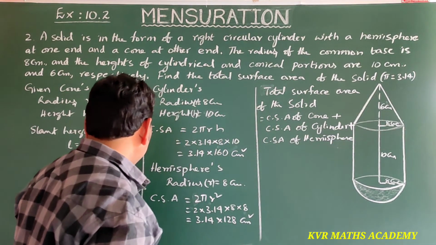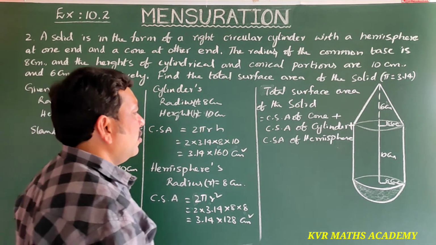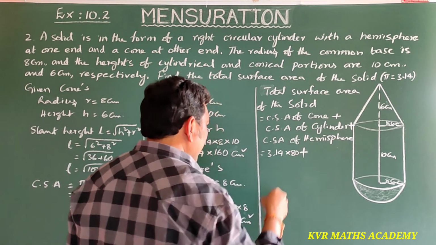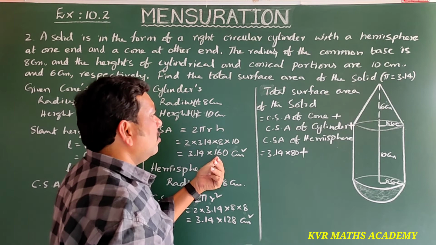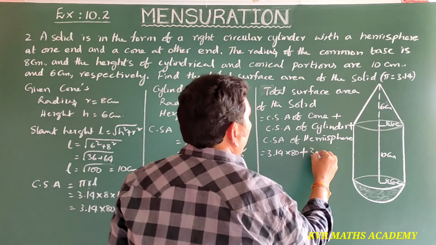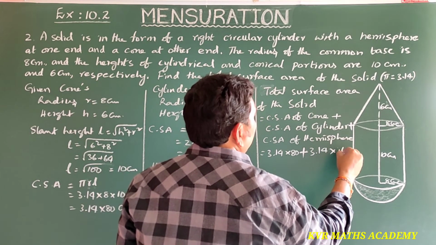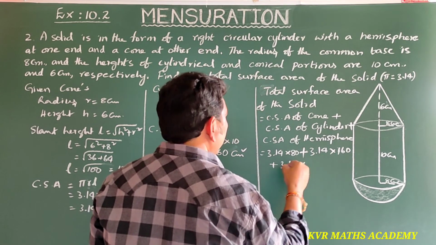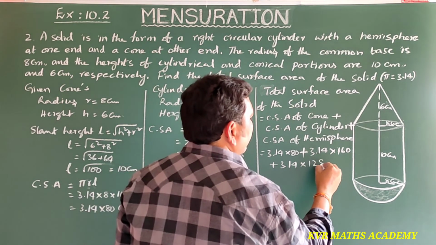So this is 3.14 into 80 plus 3.14 into 160 for the cylinder plus 3.14 into 128.